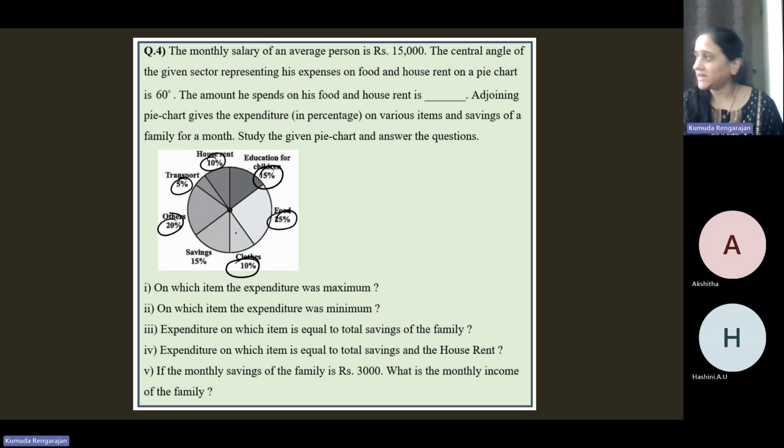So 85% expenditure, 15% savings, together 100.